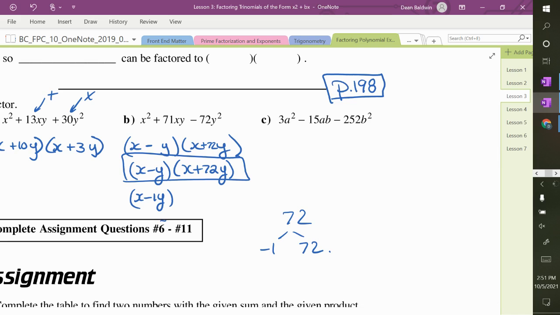All right, C. What's wrong with C? It's got that 3 in front, right? So what do we do with it? You pull the 3 out. And you tell me what I have left in there.